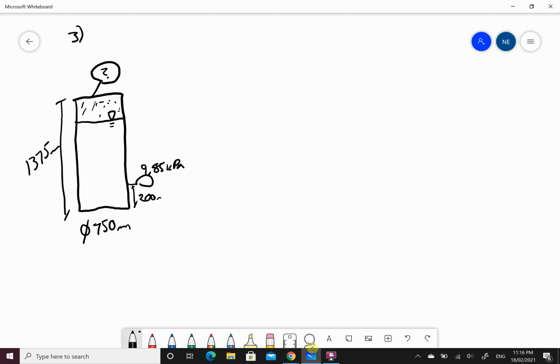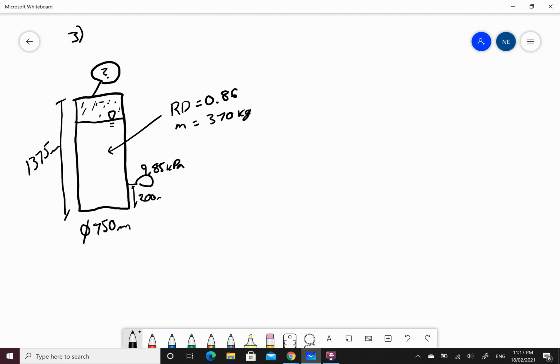Alright, and in here, my fluid has an RD, which is 0.86, crude oil, and I have a mass of 370 kilos. Alright, that's all the information that I am given.